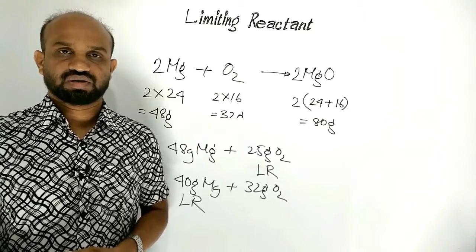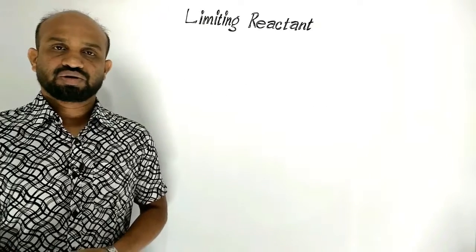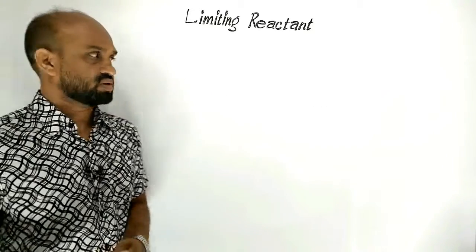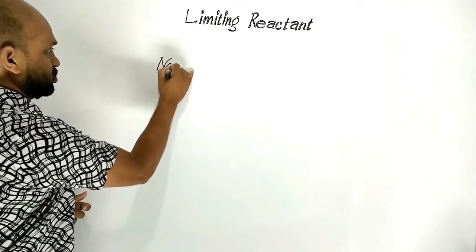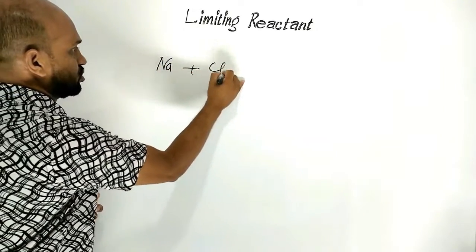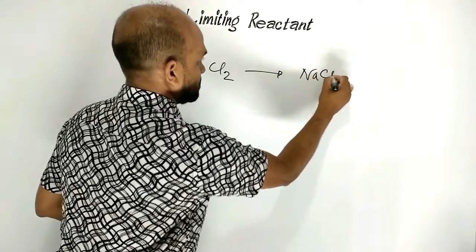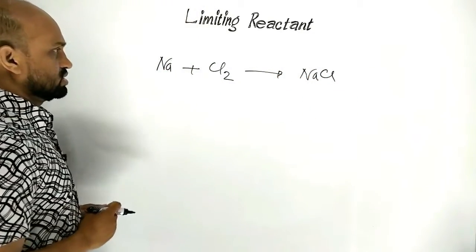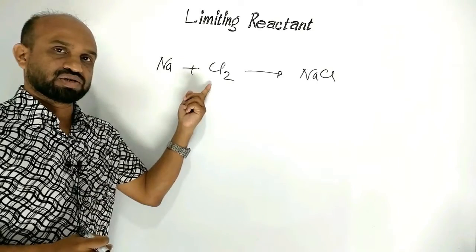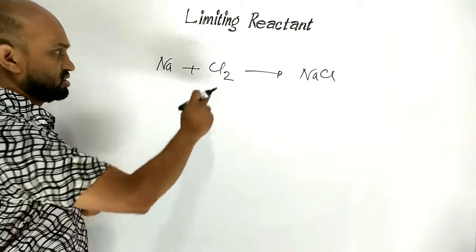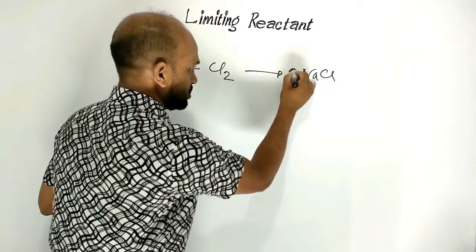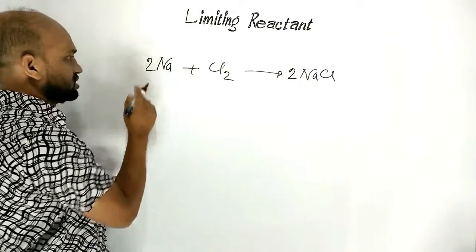Let's see another example. Reaction between chlorine and sodium. When sodium is added to chlorine, sodium chloride will be formed. The reaction must be balanced. Here 2 chlorine atoms, here 2, here 2.